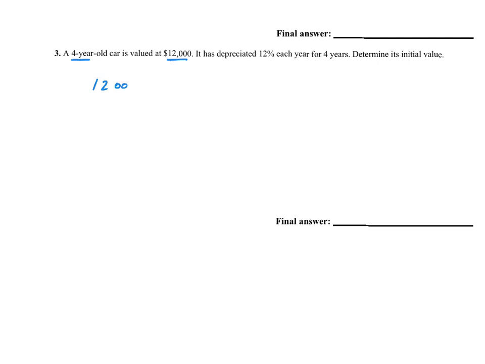Final amount of $12,000. We are looking for how much the car cost initially before any time had passed, and our depreciation rate, or our B value, is going to be 1 minus 0.12, or the 12%, and the time that's going to hit that depreciation rate is 4 years.